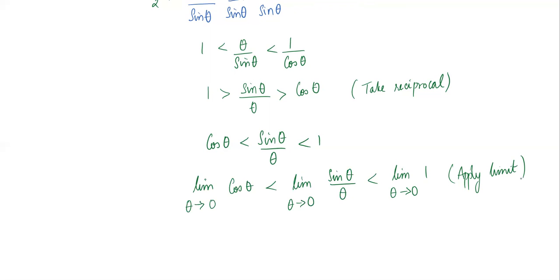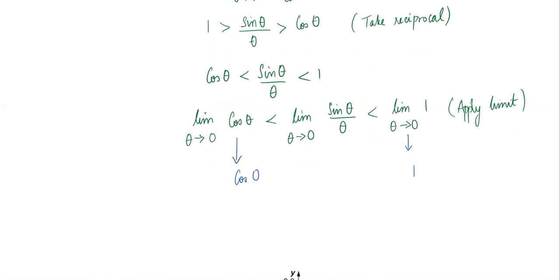And you can clearly see that if you evaluated cosine theta at 0, you get cosine 0. And this is a constant function, so that's going to be 1. So you go a little further, and you can see that cosine 0 is going to be 1, and this is already 1.